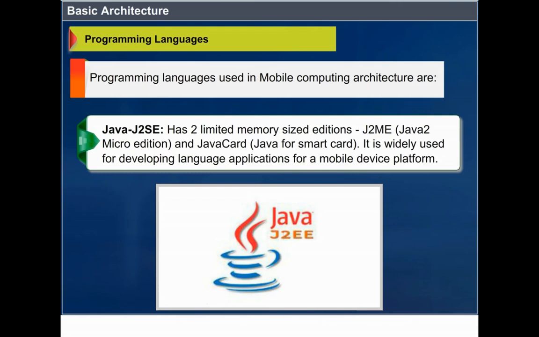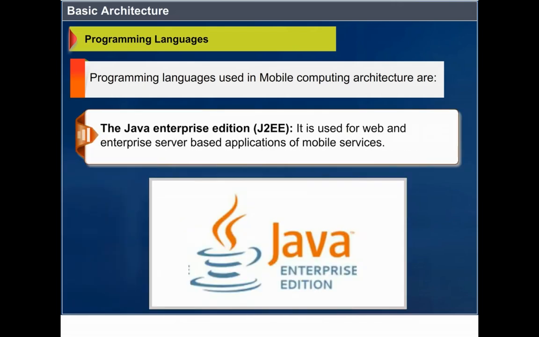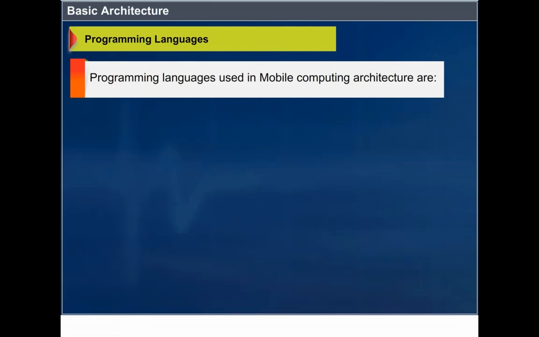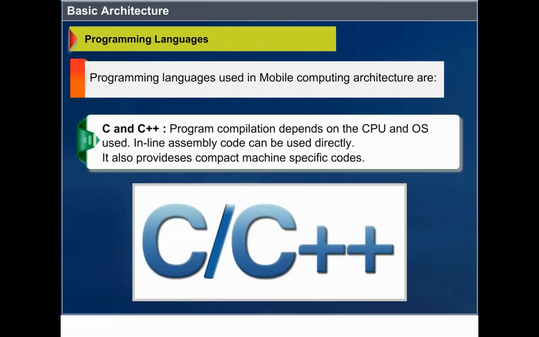Most used languages for developing applications for a mobile device platform. The Java Enterprise Edition, J2EE, used for web and enterprise server-based applications of mobile services. C and C++. Program compilation depends on the CPU and OS used. Inline assembly code can be used directly.